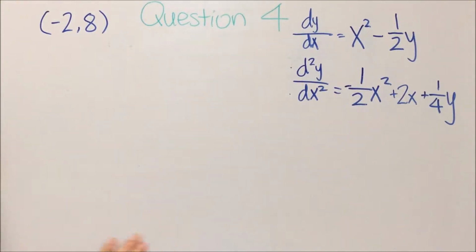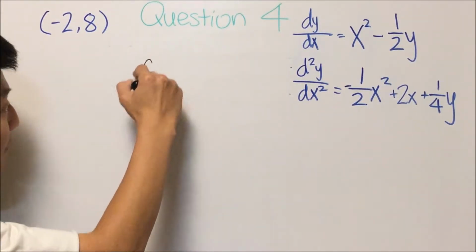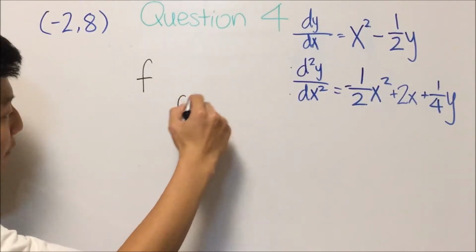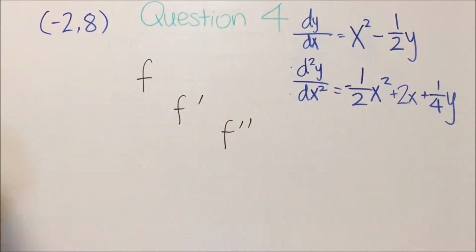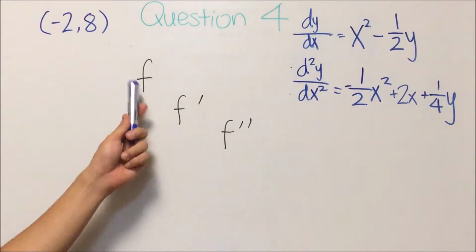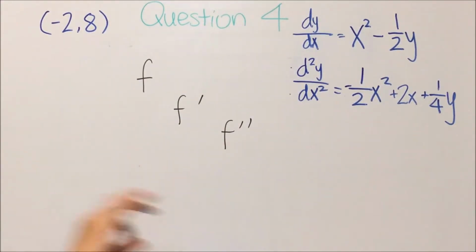So before anything, let's review. If you want to check, you can check the previous videos. But let's review the relationship between f, f prime, and f double prime. I'll quickly review. When f is 0, let's go with columns 0, positive, and negative.